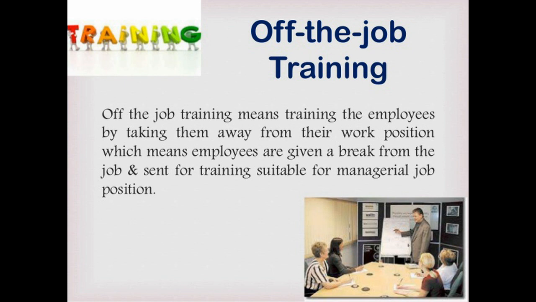Off the job training helps him get exact knowledge regarding what he is doing. So off the job training methods are those in which training is provided away from the actual working condition. He is trained first and then put into the process of working.